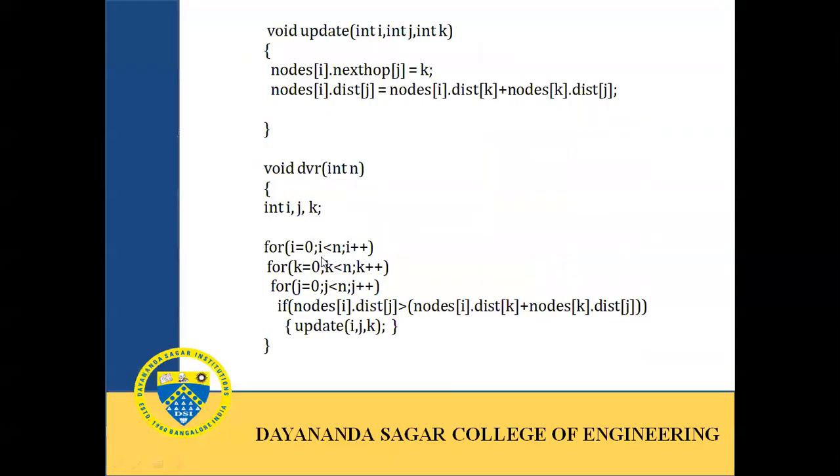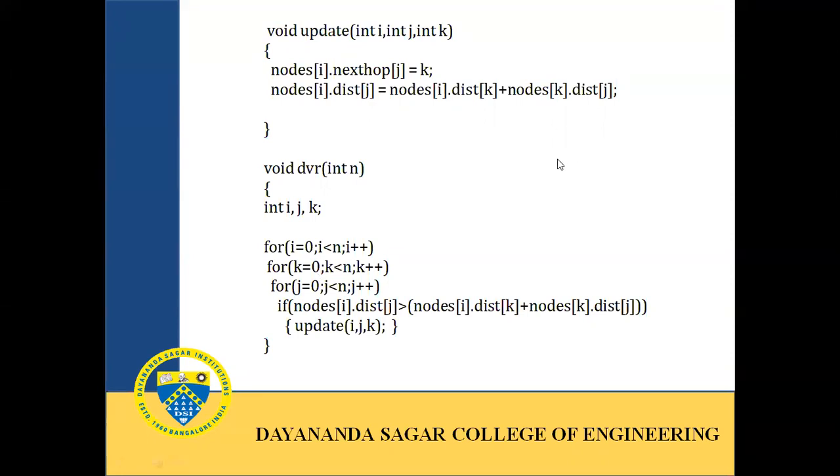So the simple three loops will help in updating the shortest value. You can consider that the I loop indicates all the nodes in the network. If it is 0, it means A node. If it is 1, it means B node. If it is 2, it means C node. And K indicates the other node through which the path can be followed.